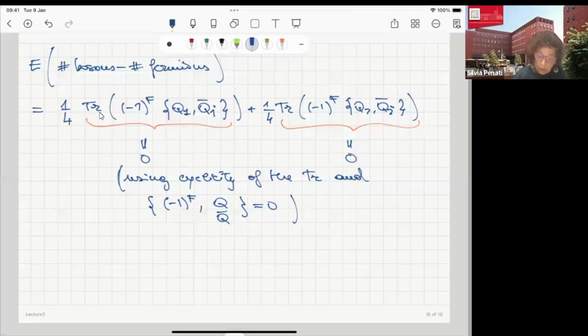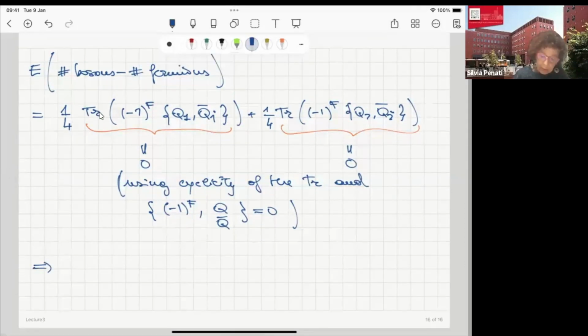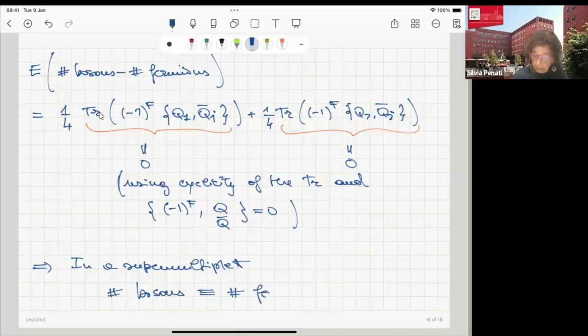So in a supermultiplet, the number of bosons equals the number of fermions. And this is another very important statement.